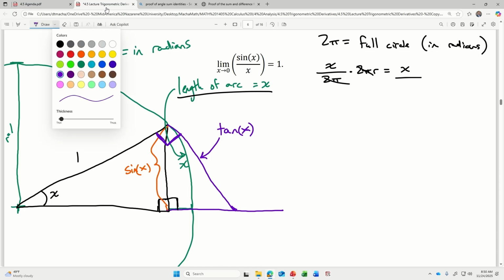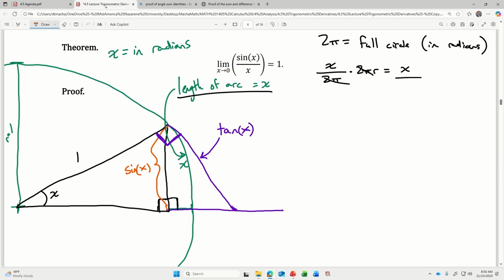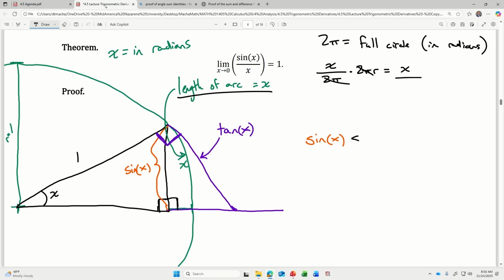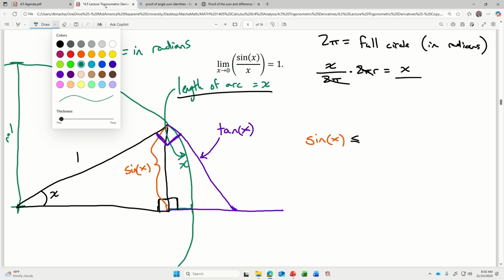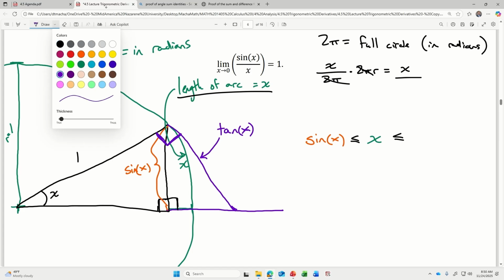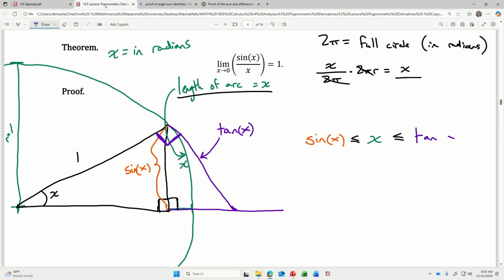So we can see from the picture that sine of x is always going to be less than or equal to x, which is going to be less than or equal to tangent of x, based on this little picture we've constructed.